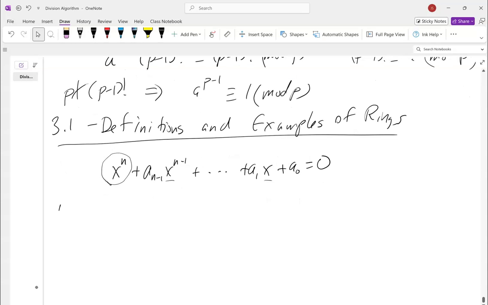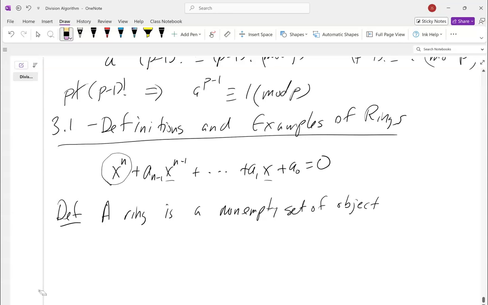So a ring as a definition, a ring is a non-empty set of things, we'll say R, because R is ring.